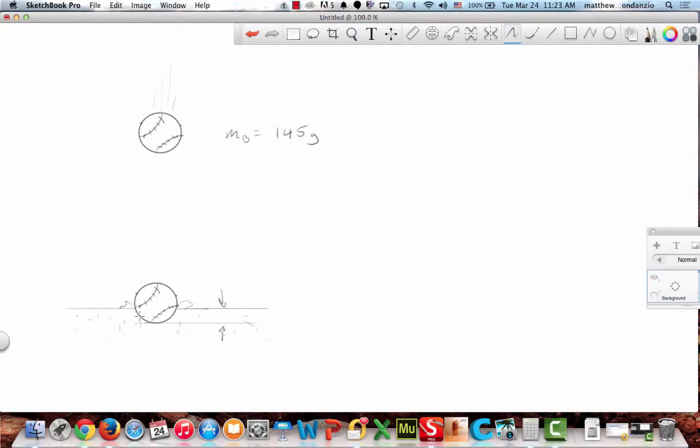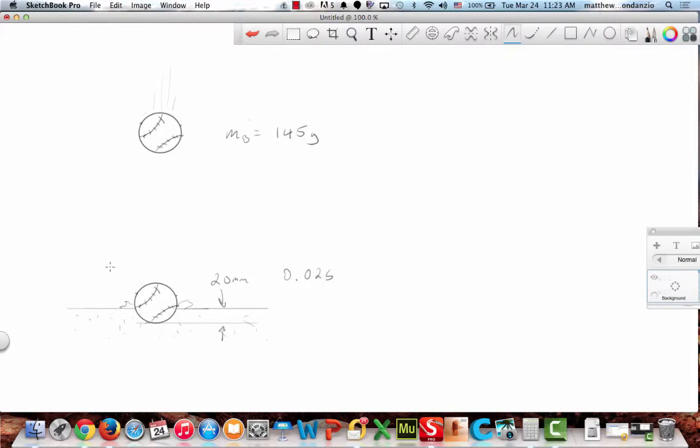Let's say that it embeds itself into the sand, let's do 20 millimeters. It's going to embed itself in the sand in that scenario, and it's going to do that in 0.02 seconds.